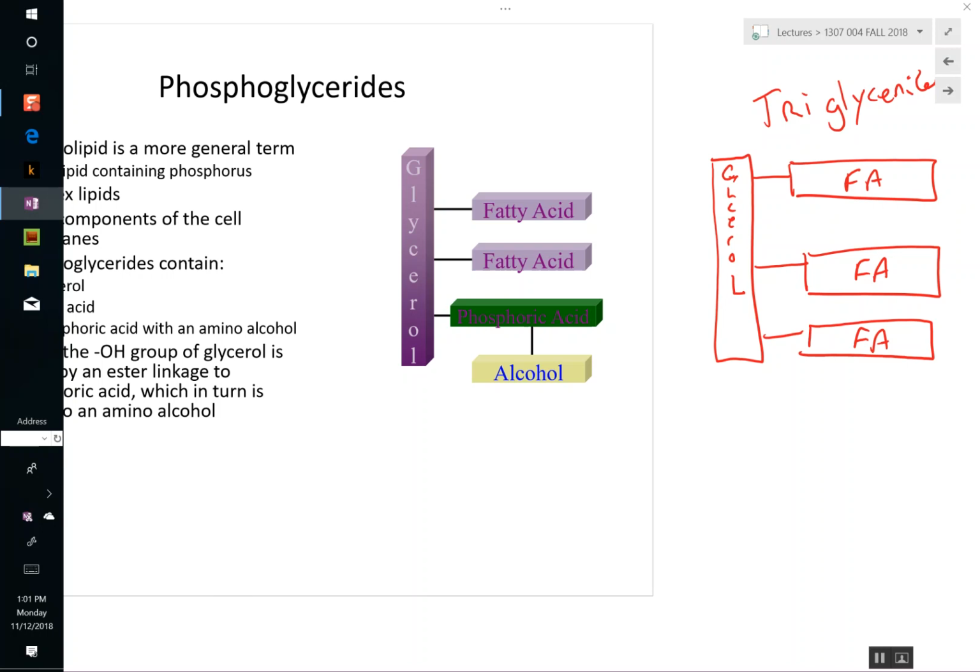Similarity: glycerol backbone, fatty acids. Difference: this one has just 3 fatty acids. This one has 2 fatty acids and a phosphate ester portion of it. And so we'll dig into that.